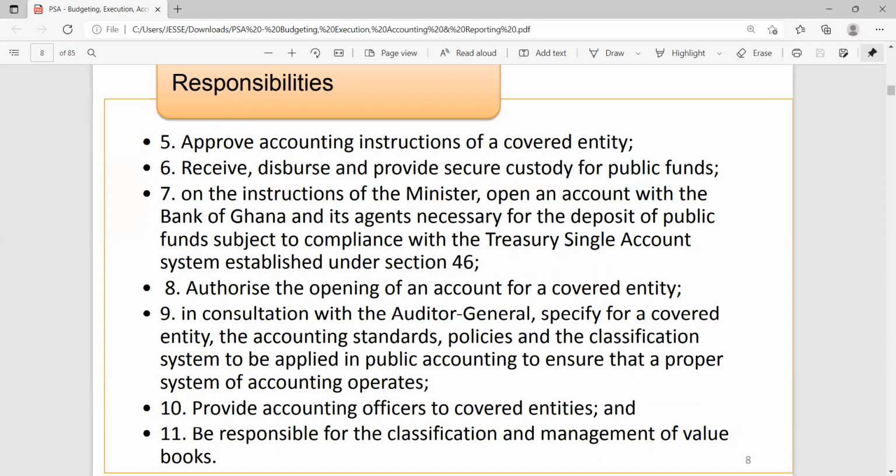Number 7, on the instructions of the Minister, open an account with the Bank of Ghana and its agent necessary for the deposits of public funds subject to compliance with the Treasury Single Account System established under Section 46. All right. So they open an account with the Bank of Ghana, and this account is supposed to host or house the deposits of public funds.